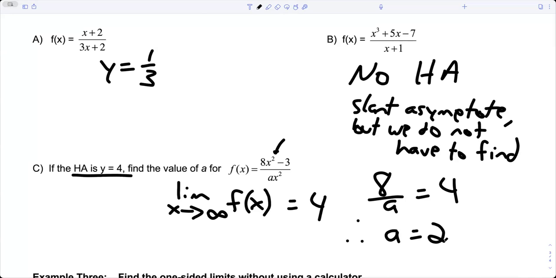When we start working on free response questions, you may see that a certain section is worth 4 points: this step is worth 1 point, this step is worth 1 point, this step is worth 1 point, and the final answer is worth 1 point. So if you just write down the final answer, what you did in your calculator, they're going to mark it wrong and move on, and you get nothing. Does that make sense? Did I answer your question?